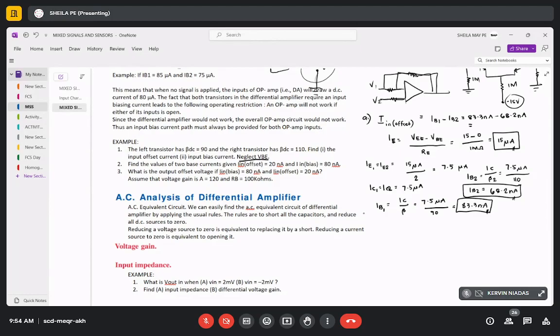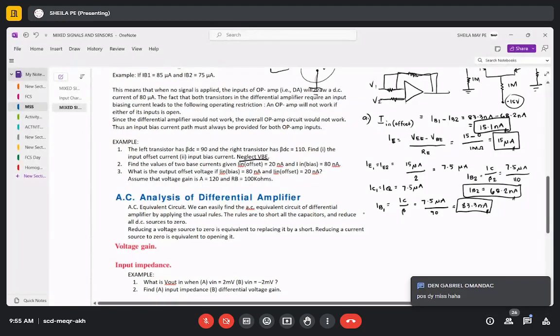What's our input offset current, class? 83.3 minus 68.2 is 15.1 nanoamperes. That's our input offset current.